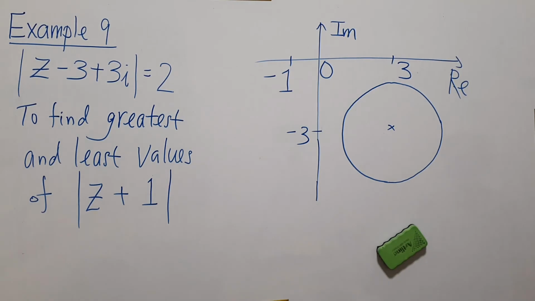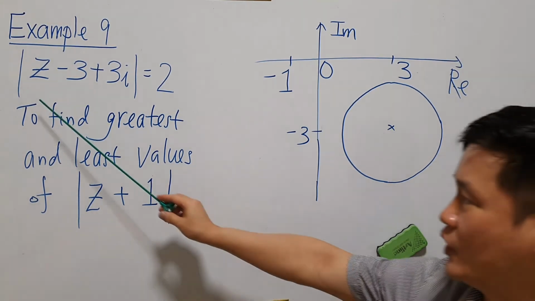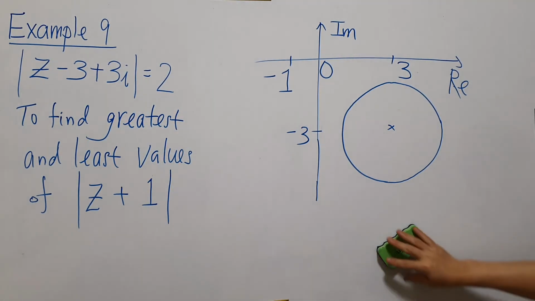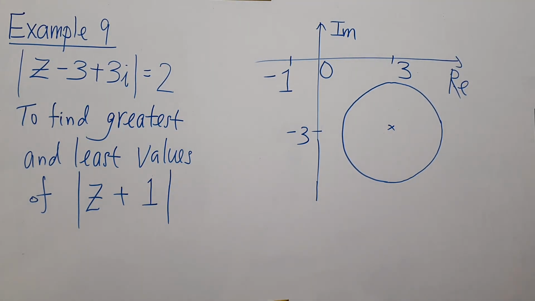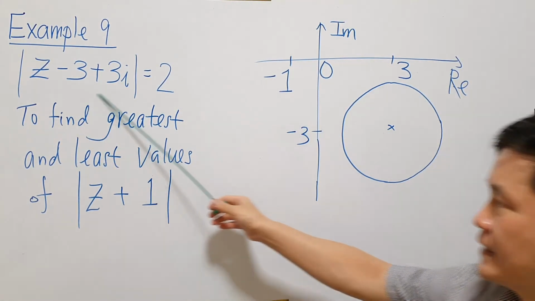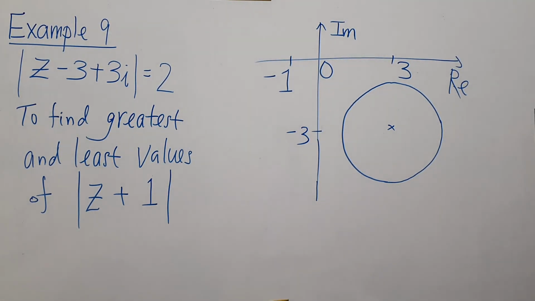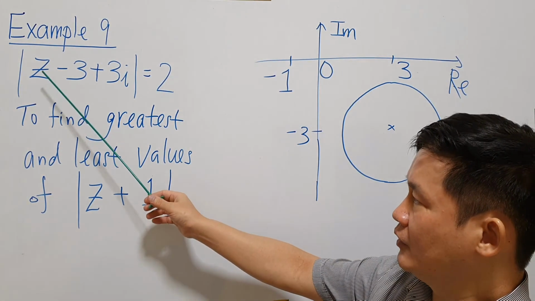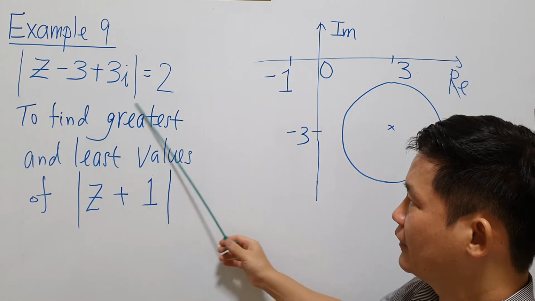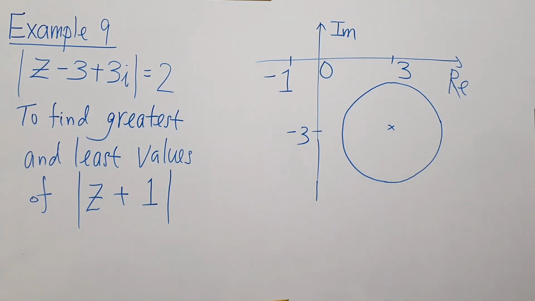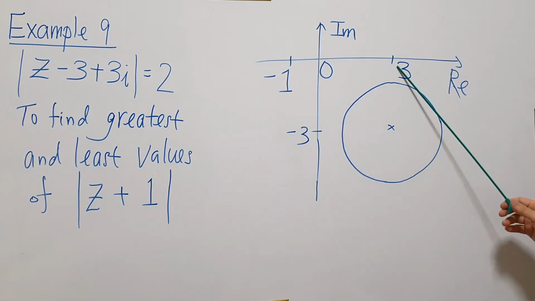In the case of example 9, you are first and foremost given this equation, right? By now you are already familiar. Such an equation represents a circle. If you were to rewrite this a little bit, you will realize that the center of the circle is 3 minus 3i.